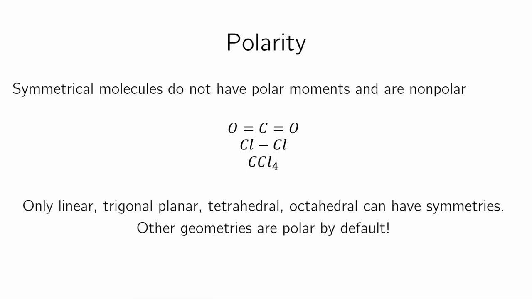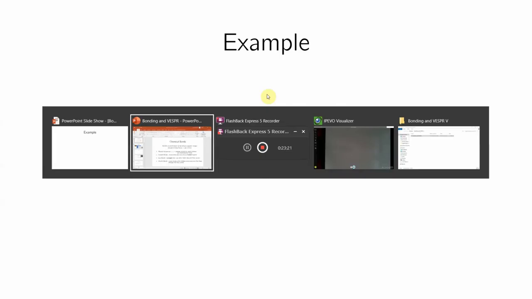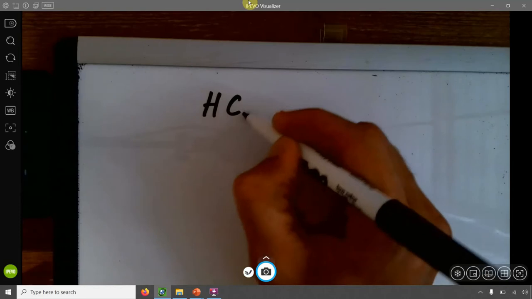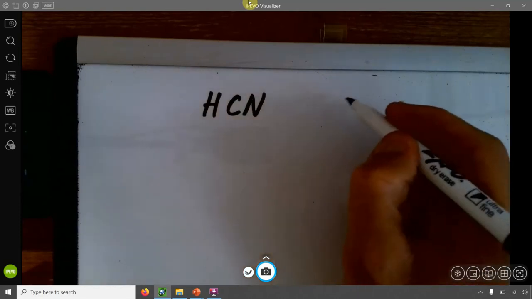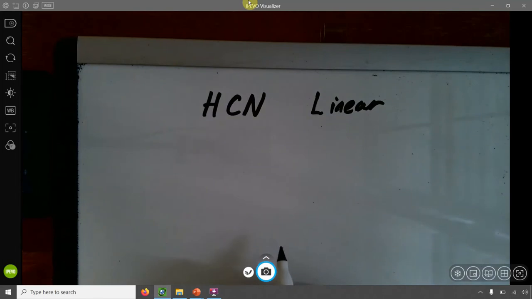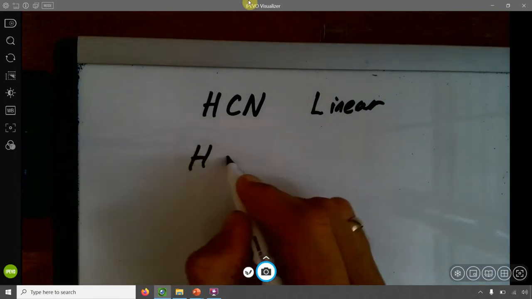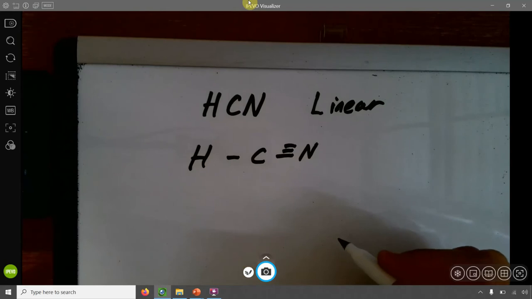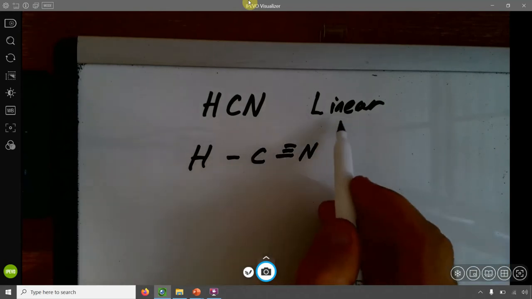So let's go back to all the examples that we just had, and I'm just going to recount what we discovered for all of them. HCN, we said that this is linear. So is this polar or not polar? Well, it could be non-polar if linear is allowed to be non-polar.